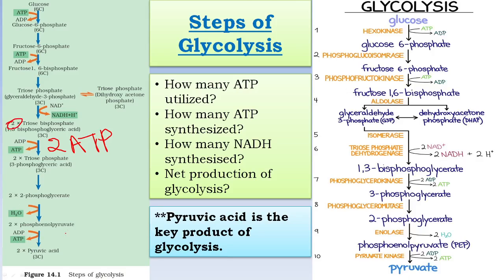And again there are 2 ATPs produced over here, because there are 2 phosphoenol pyruvates.